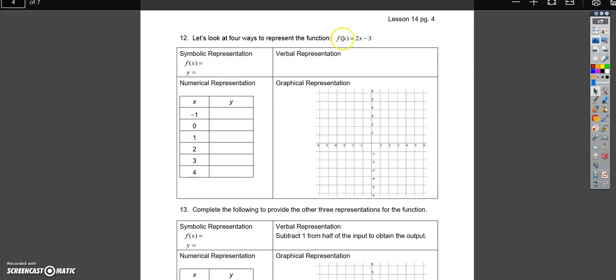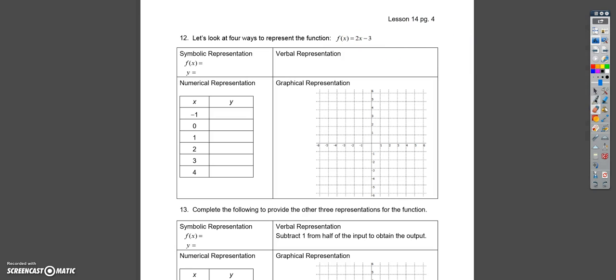Let's look at 4 ways to represent this function. Remember, a function is nothing more than an equation. That's just y equals. So symbolic representation: y equals 2x minus 3. It's the same thing except we put y in place of f of x.